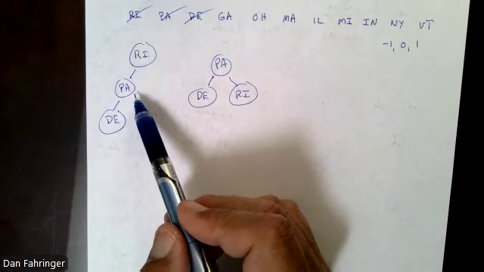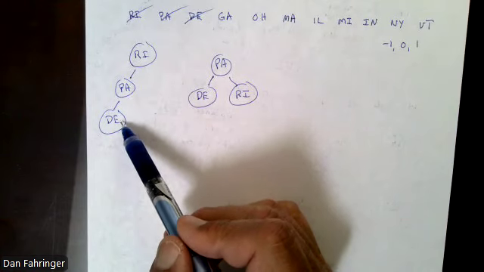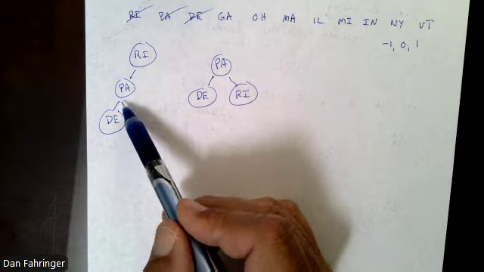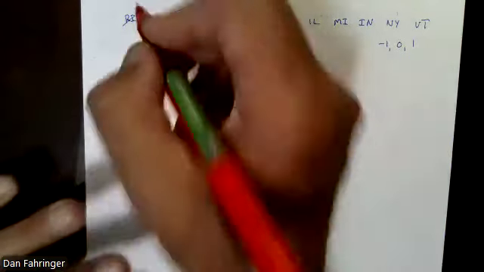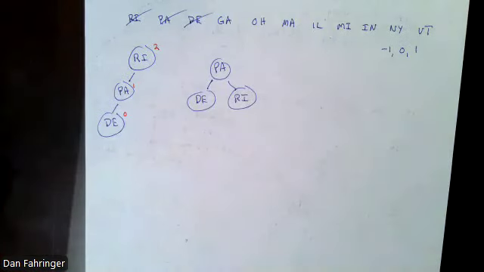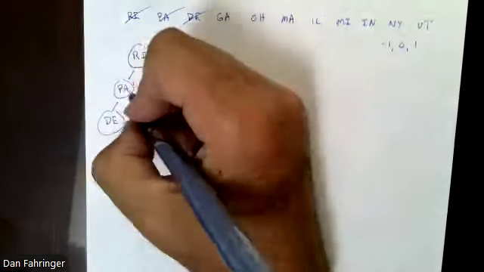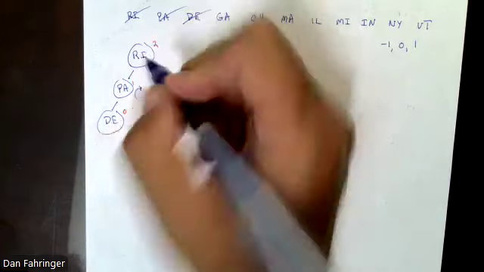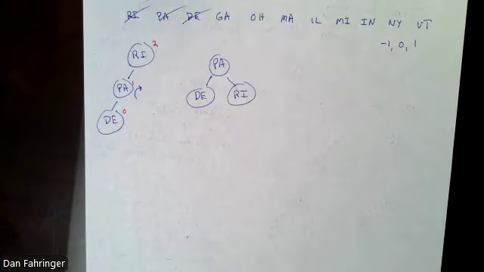PA went to the left. Yeah, my balance factor became a 2, a 1, and a 0. And I had to do that right rotation this time. So after the first 3, do you have something that looks like that?